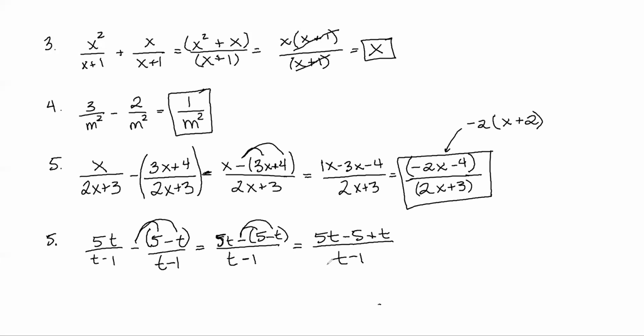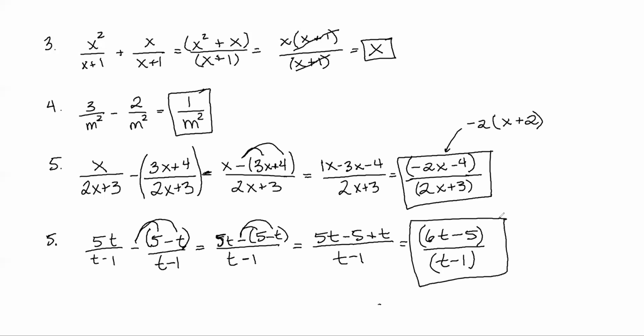This is probably the most common mistake with these, just putting minus 5 and then bringing over this minus t. That's why I love putting in the parentheses here to remember to distribute. If we simplify a little bit, 5t plus t is 6t minus 5 over t minus 1. These are stuck together, and there's no factoring to do, so this is our final answer.